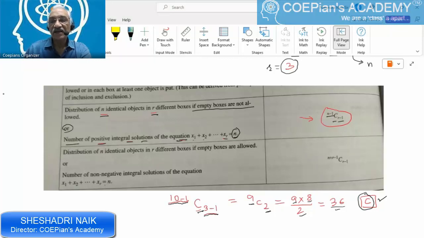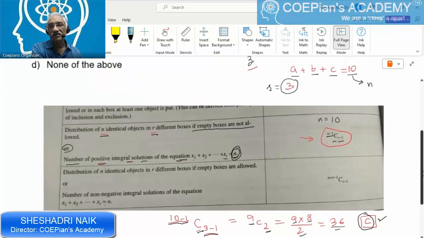So हमारे केस में n की वैल्यू थी 10, because ये राइट हैंड साइड में आता है n. हमारा इक्वेशन था a plus b plus c equals to 10. और हमारे पास वेरिएबल्स कितने हैं? 3 variables are there, so r becomes 3. So हमारा solution क्या बनता है? 10 minus 1 C 3 minus 1, which is 9C2, which is 36, which is given as option C. So ये रहा conventional solution.